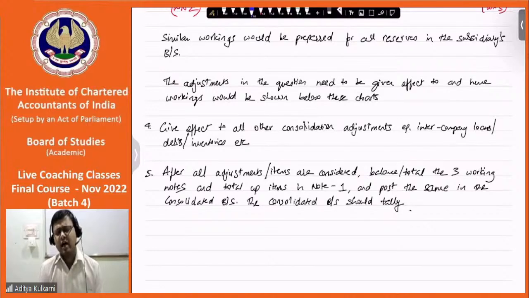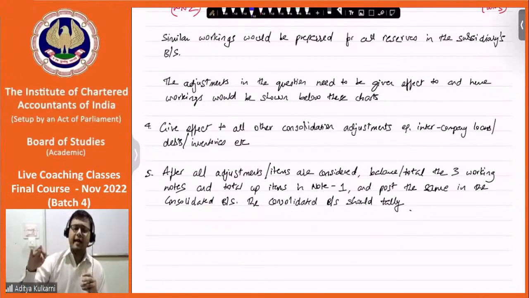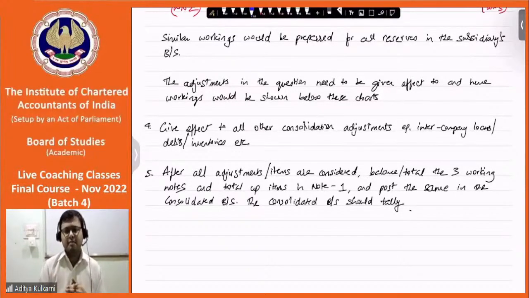Now coming back to our proper chapter, we saw by various 2-3 examples how the consolidation process actually flows. In the consolidation process, we will first of all do a line by line addition of all the assets and all the liabilities of the parent and the subsidiary. This is known as 100% consolidation.